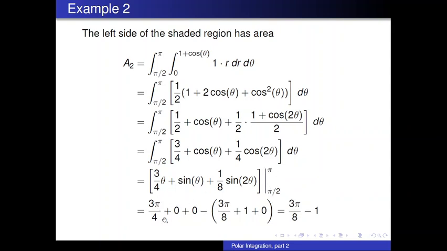So at pi, we get 3 pi over 4 plus sine of pi, which is 0, plus 1/8 sine of 2 pi, which is also 0, minus the quantity evaluated at pi over 2, which gives us 3 pi over 8 plus sine of pi over 2, which is 1, plus 1/8 sine of pi, which is 0. And so we can put these together, and we get 3 pi over 4 minus 3 pi over 8. That becomes just 3 pi over 8. And then we also have here minus 1. Okay, so that's the second side of that region of integration.